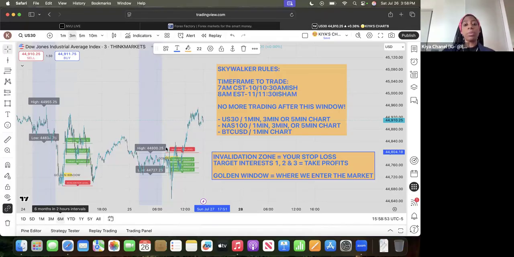Would you still do the pivot strategy if no Skywalker called a trade? Probably, yeah. I don't see anything wrong with that.